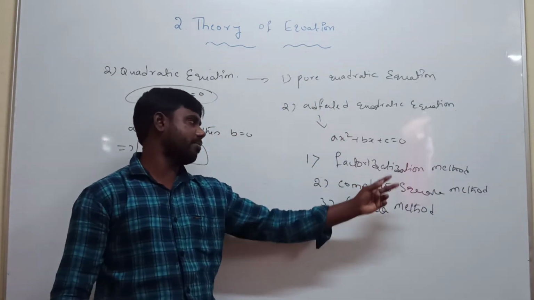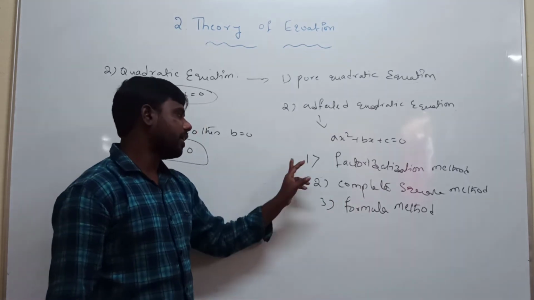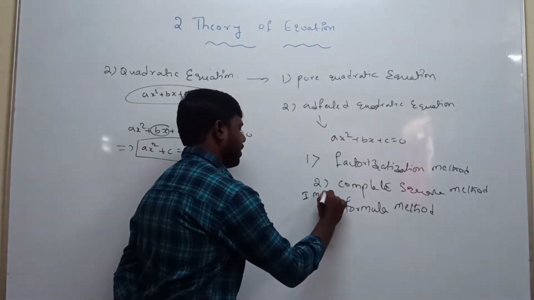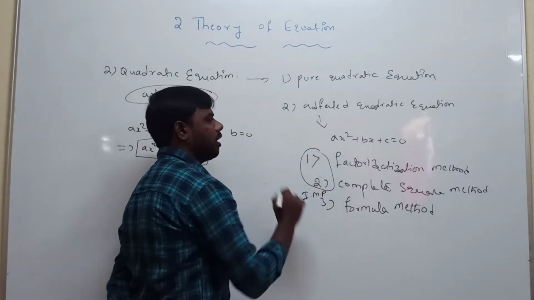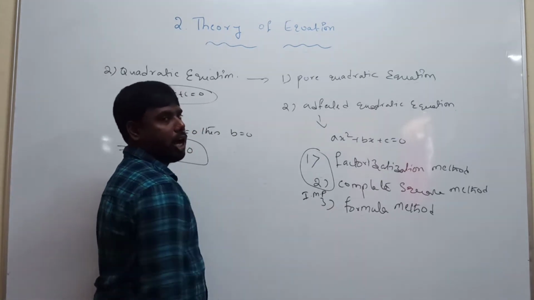First one is factorization method. Second one is complete square method. Third one is formula method. In these three methods, the only important method is the formula method. The other two methods are not asked in the final exam.